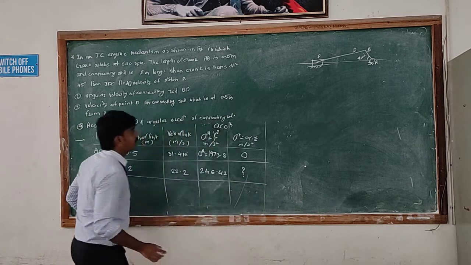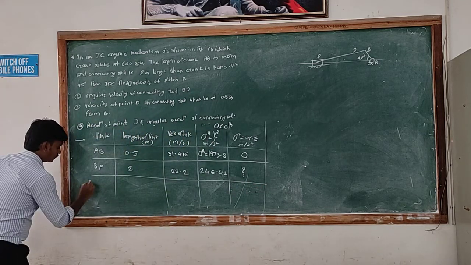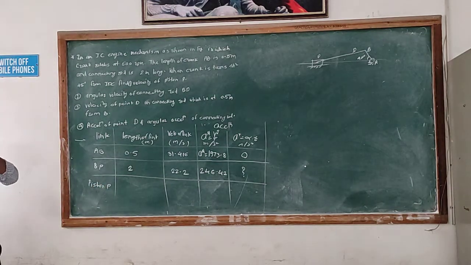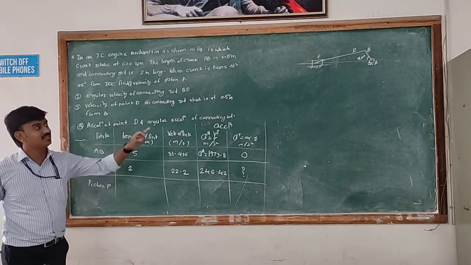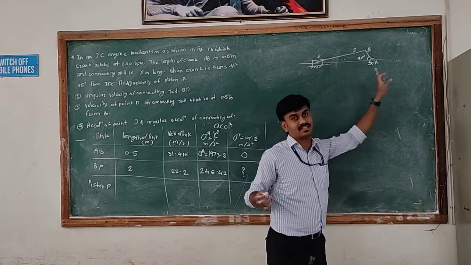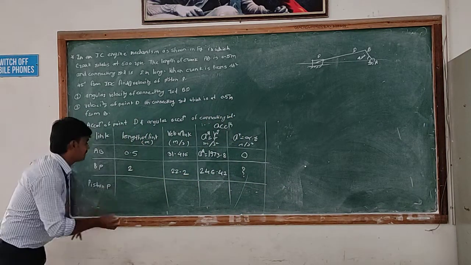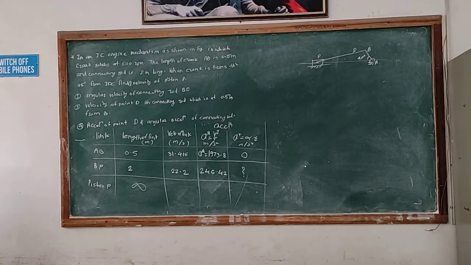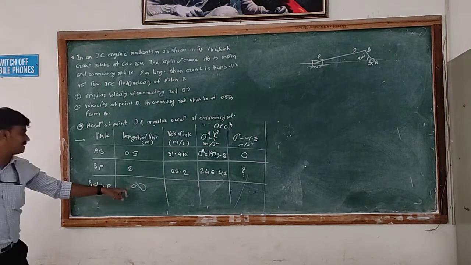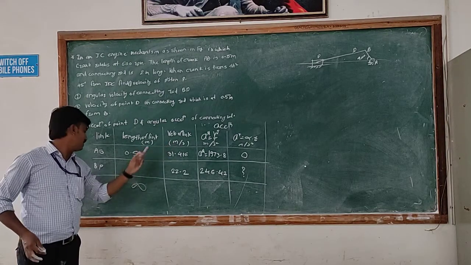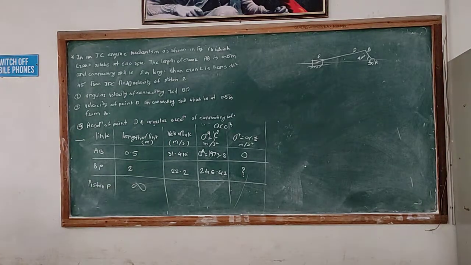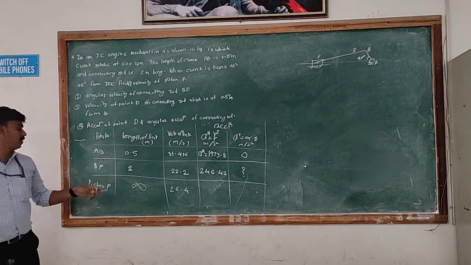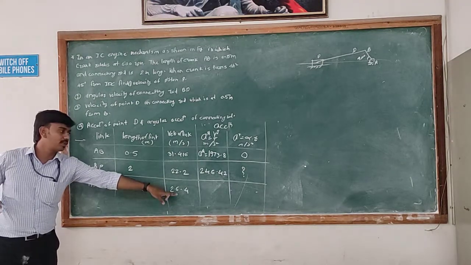Now, the third link is the piston P. As the piston moves along a straight line, its length r is infinity. The velocity of the piston, as we calculated, is 26.4 meter per second.